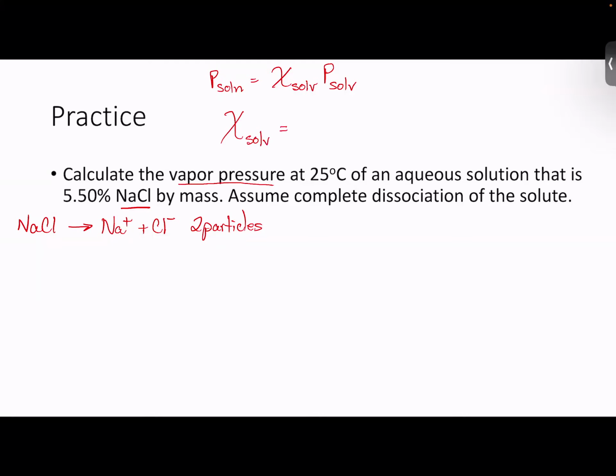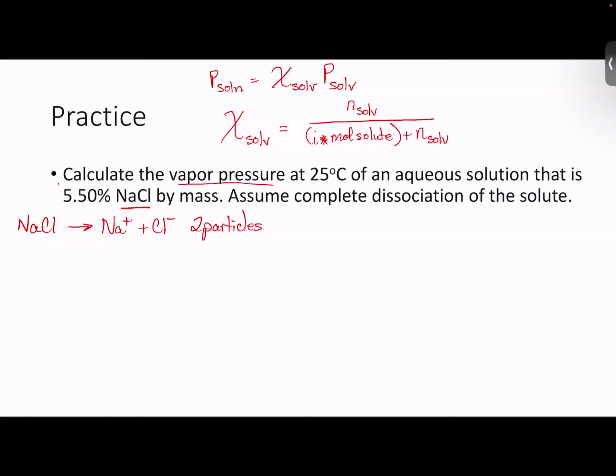The mole fraction of the solvent is going to be the moles of solvent divided by i times the moles of solute plus the moles of solvent. That is a multiplication. We have our i, but in order to do this, we need the moles of solvent and the moles of solute.